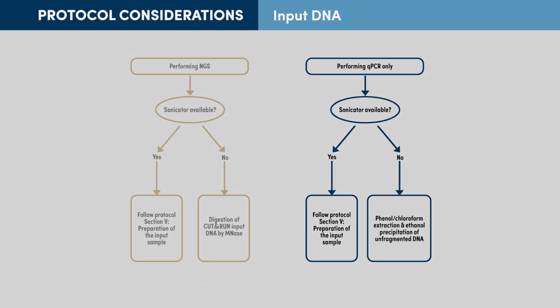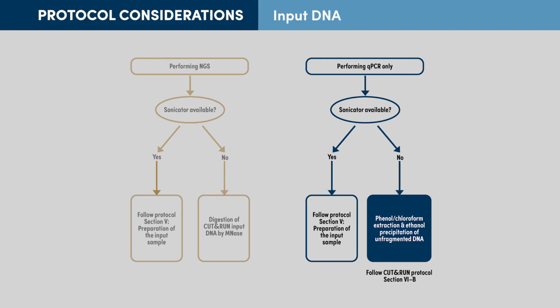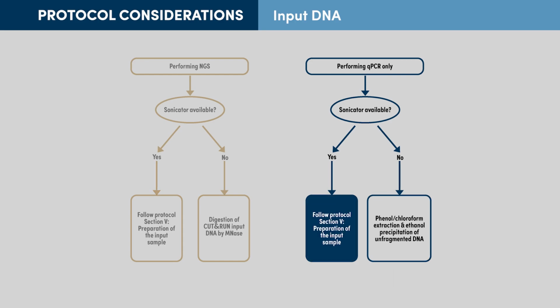If performing qPCR only, fragmentation of input DNA is not required. However, unfragmented input DNA should be purified with phenol-chloroform extraction and ethanol precipitation. Many users prefer instead to fragment the input DNA and purify it with spin columns because this protocol is simpler and faster.